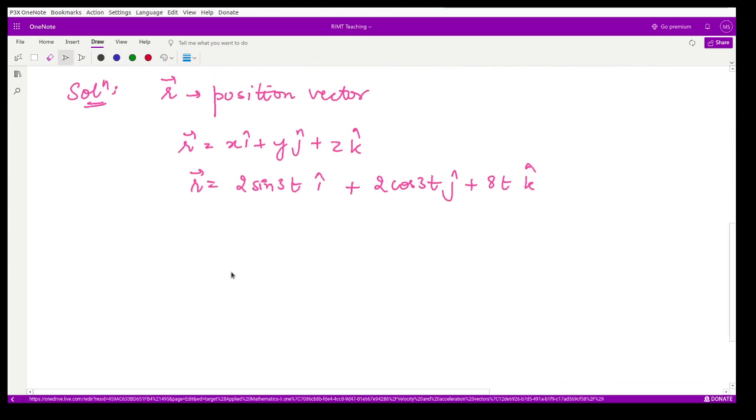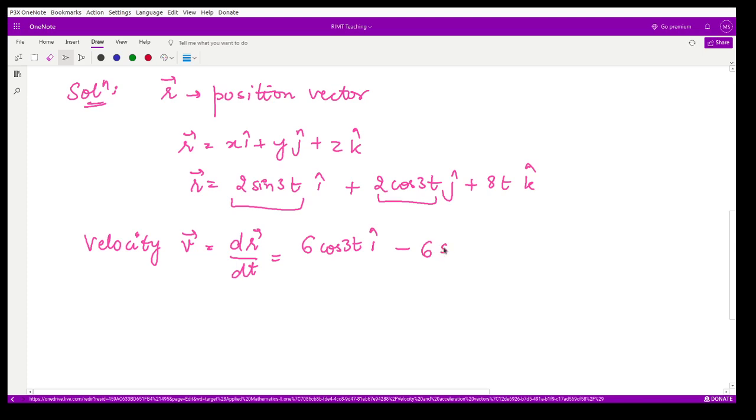Now the next thing is you are to calculate the velocity. So your velocity v is going to be equal to the first derivative of this position vector. When you differentiate it with respect to t, you will obtain 6 cos 3t i cap, and then the derivative of this quantity would be minus 6 sine 3t j cap, and then its derivative would be plus 8 k cap.